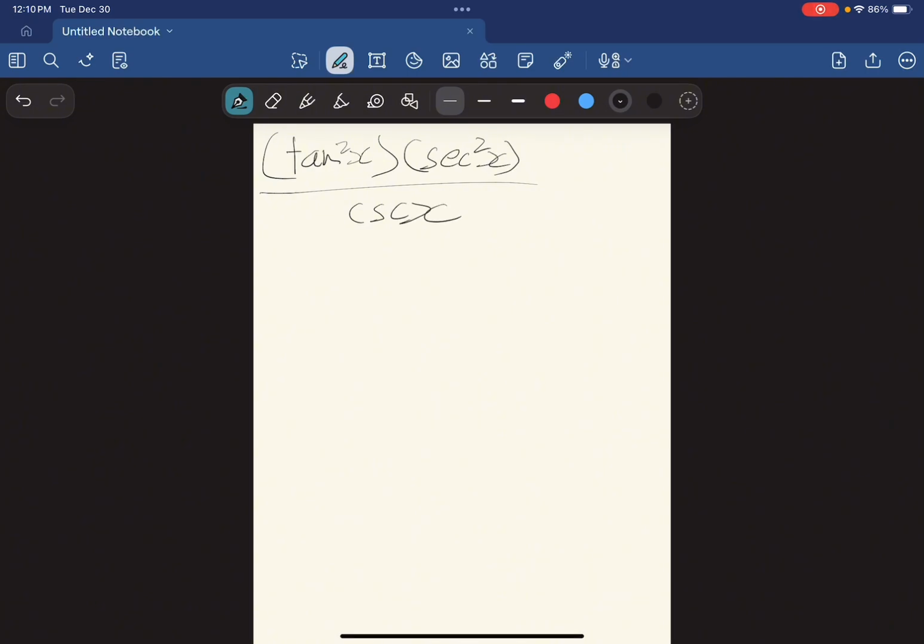Okay, so the way I did this one was, first we know that tan of x is sine of x over cosine of x. So tan squared x is sine squared x over cosine squared x, times 1 over cosine squared x, times cosecant, when it's in the denominator, should equal sine of x over 1.